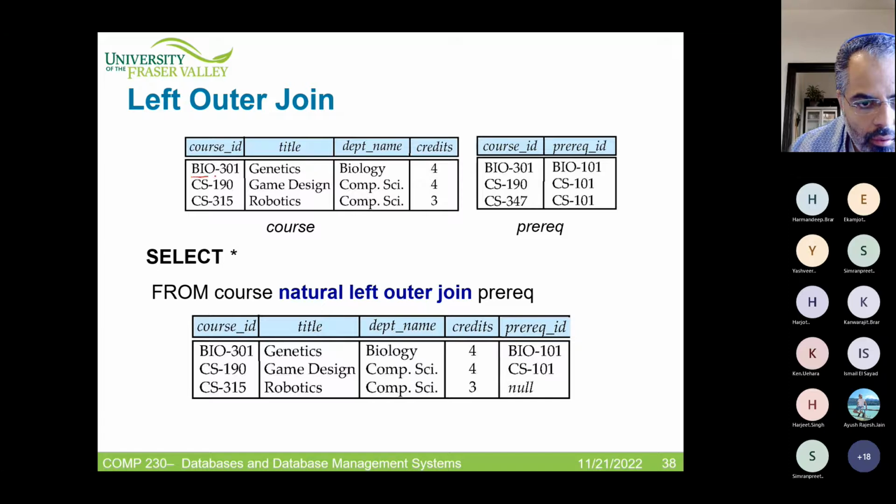So here we have a common value, so we will make a joining. This value doesn't exist here, so we will not. So the output of the natural join will be till here.